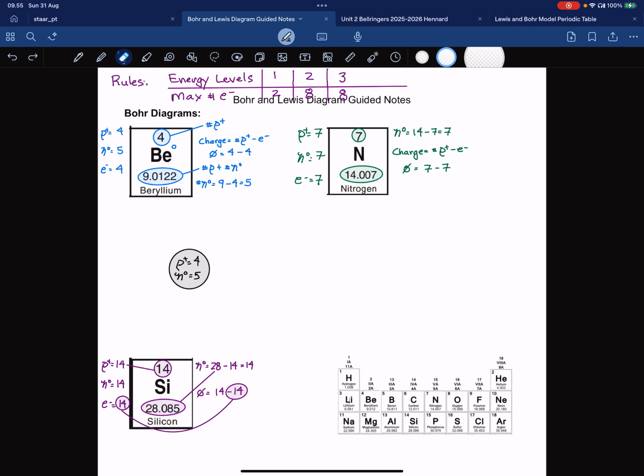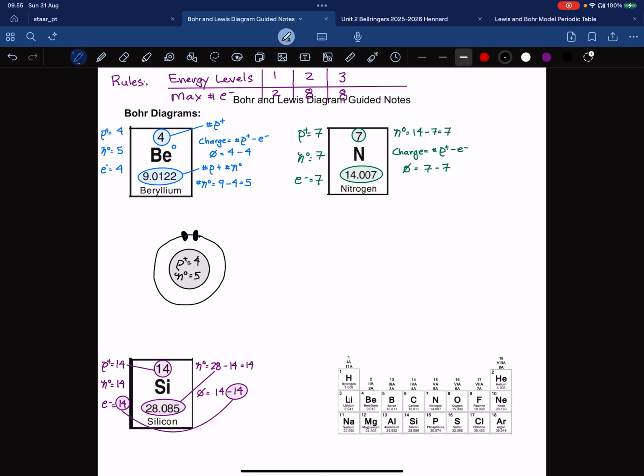So we have a total of 4 electrons for beryllium, so we put the first 2 into the first orbit. So 1, 2 electrons in the first orbit.